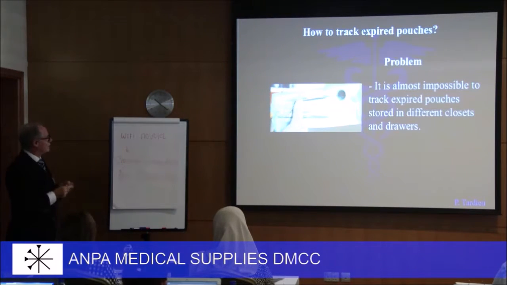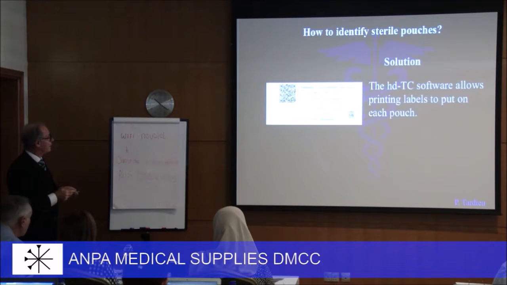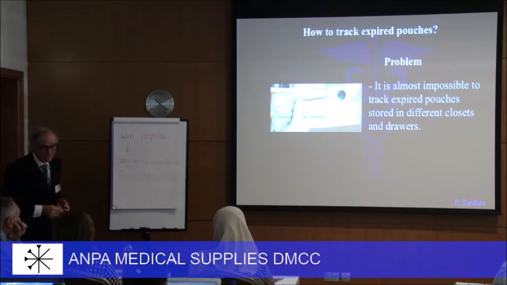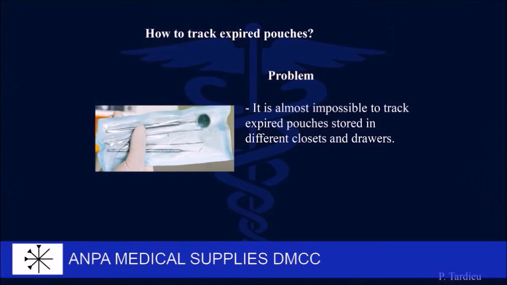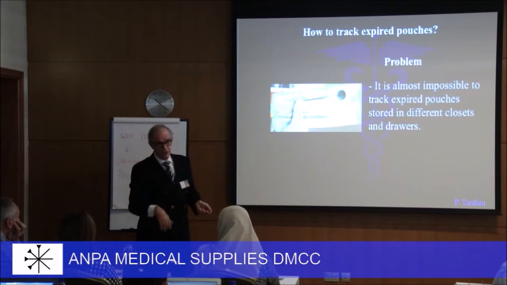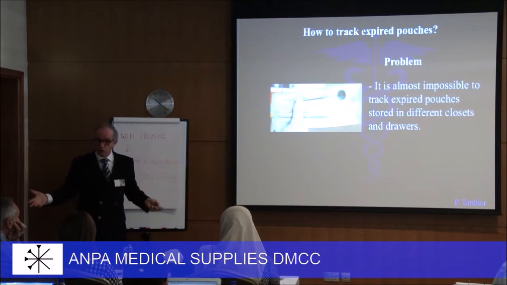So, how to identify? We identify like this. How to track the expired pouches? I work 3 days a week on one dental chair. It's not an issue. We can open the drawers and check what we have, and we see the expiry date. But in a big clinic, it's more complicated.